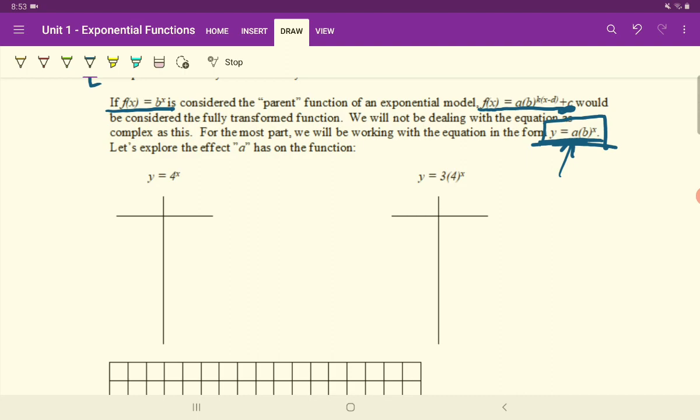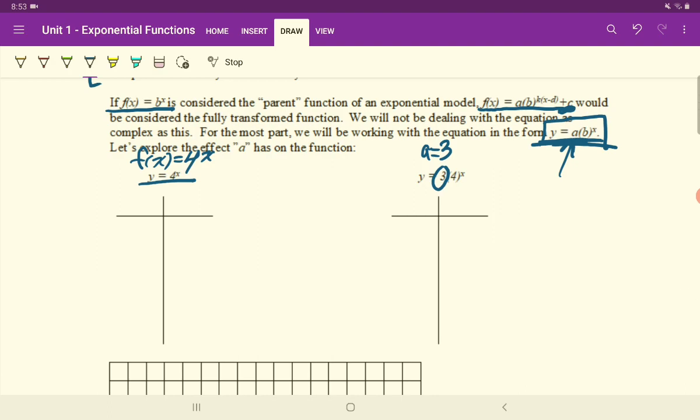So we'll start with the equation y equals 4 to the power of x, or f of x equals 4 to the power of x. And I'm going to add in, so I'm still going to have 4 to the power of x, so my base is still going to be 4, but I'm going to add in a 3 here in front. So my a equals 3. All right, so we're going to see what changes occurred.